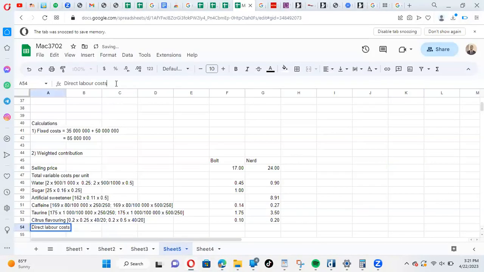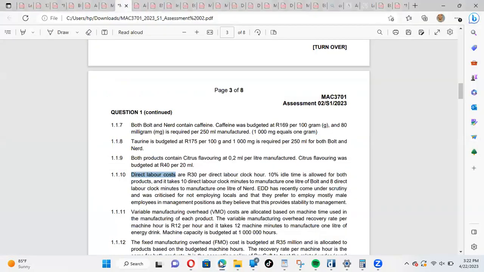Let's see what the story is on our direct labor. It's 30 Rand per clock hour, so we can as well include the idle time here. Then it takes 10 direct clock minutes to manufacture 1 liter of bolt, and 8 direct labor clock minutes to manufacture a liter of nerd.